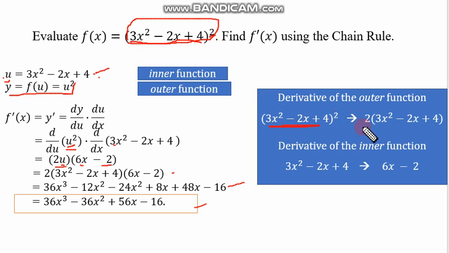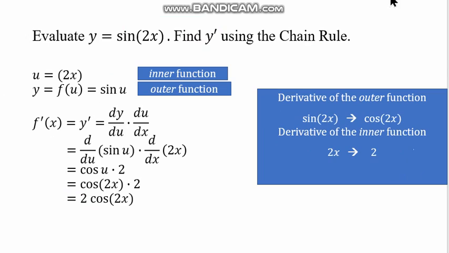So the equivalent is 2 times the quantity 3x squared minus 2x plus 4. And when we get the derivative of the inner function, we get the derivative of the whole thing, 3x squared minus 2x plus 4, which is 6x minus 2. That's exactly what happened here. It's just that we used u to encapsulate the whole value of the inner function.